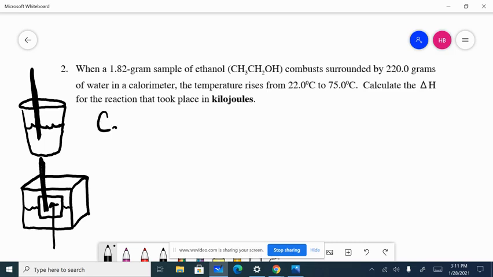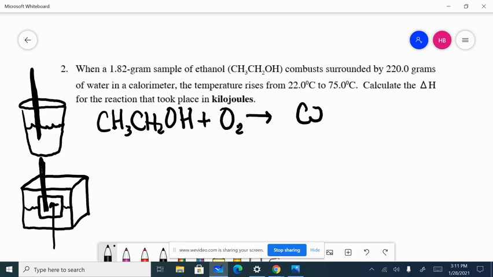So I'm going to take CH3CH2OH, and when I say combust, I mean add oxygen to it. And I'm still going to produce carbon dioxide and water. Combustion of a hydrocarbon always produces these happy substances.